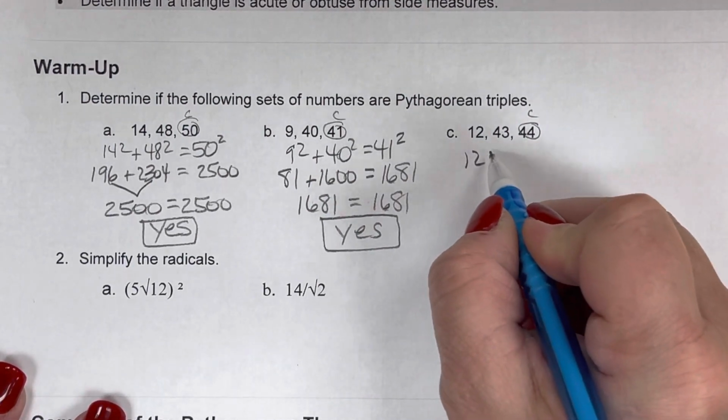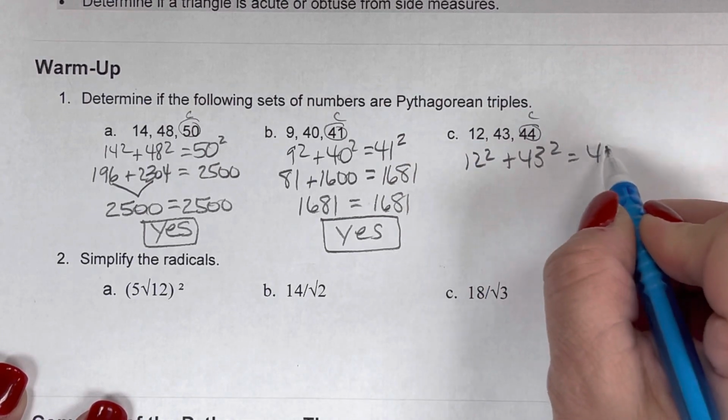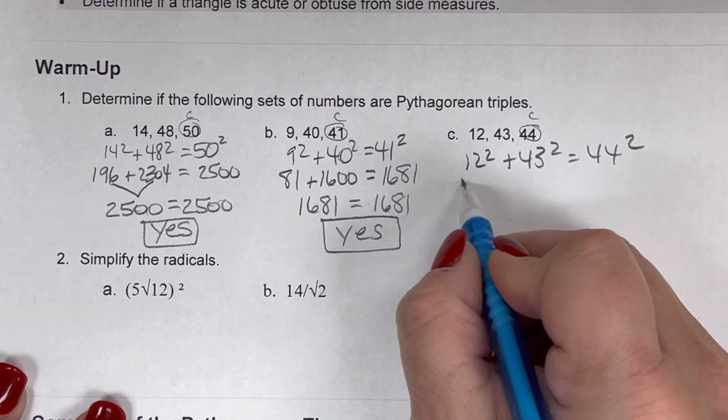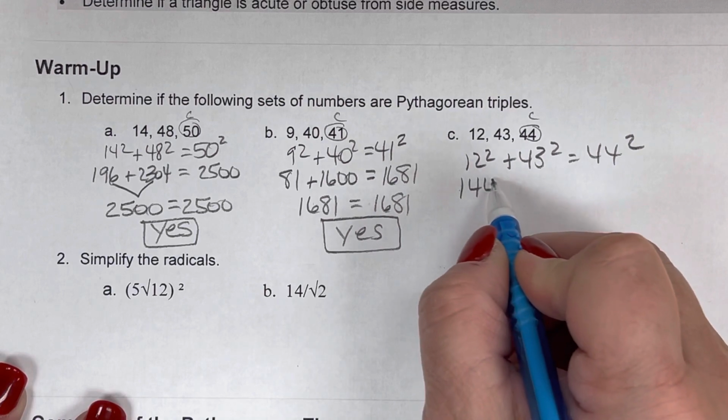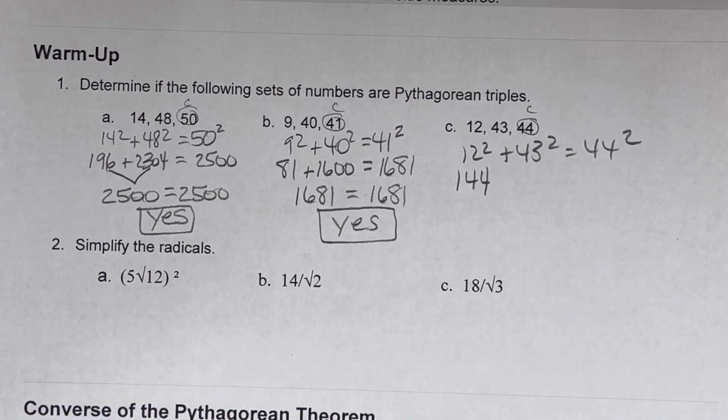Last one, 12 squared plus 43 squared equals 44 squared. 12 squared is 144 plus, that's kind of a big number.